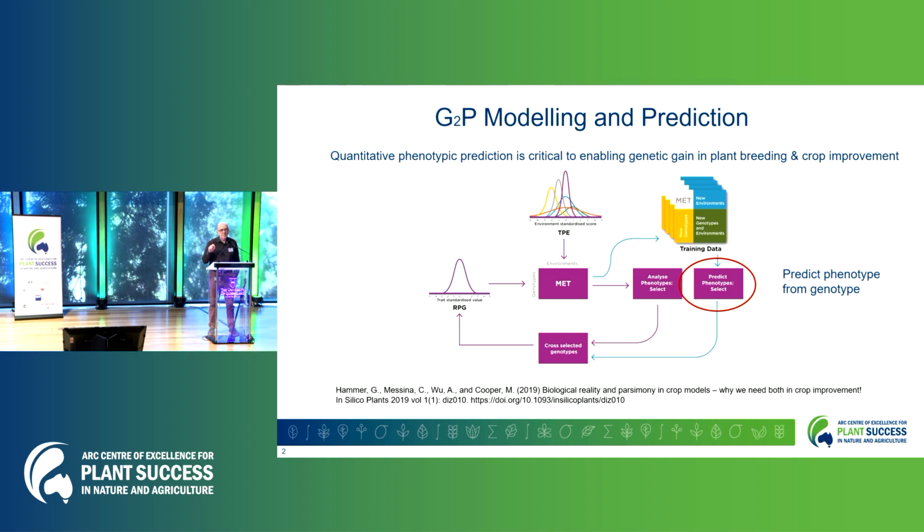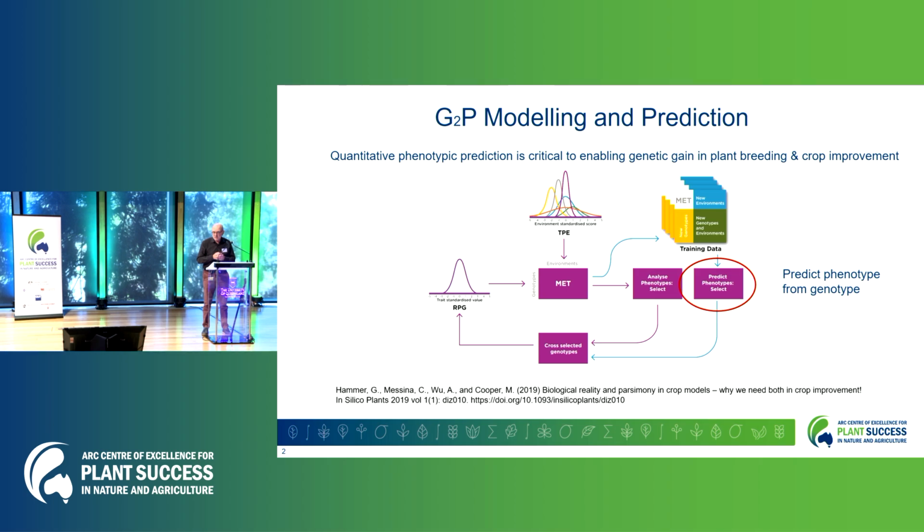The other loop in there is the genomic prediction loop, which is now really installed, where if you've got genotyping of those entries and you can phenotype some of them in those trials, you can develop prediction equations.